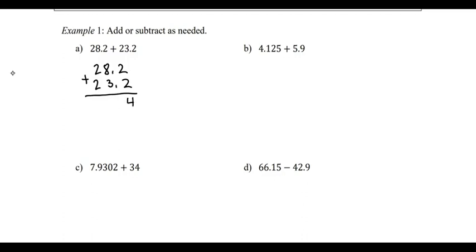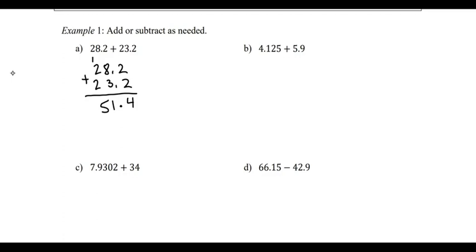So 2 plus 2 is 4. Transfer your decimal point. 8 plus 3 is 11. So I get the 11, 1 carries over, and I have the 5. 51.4.